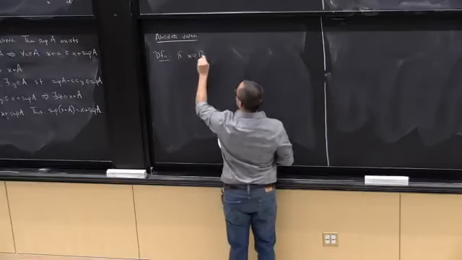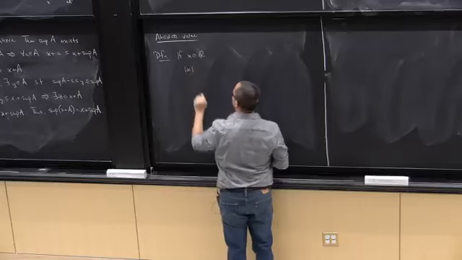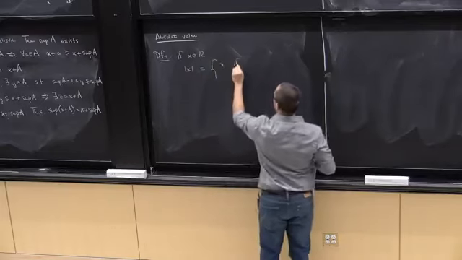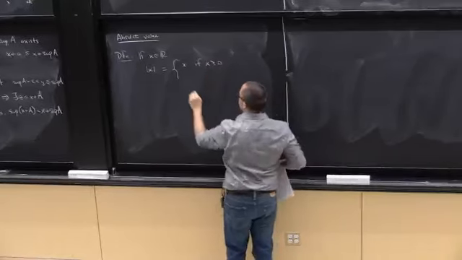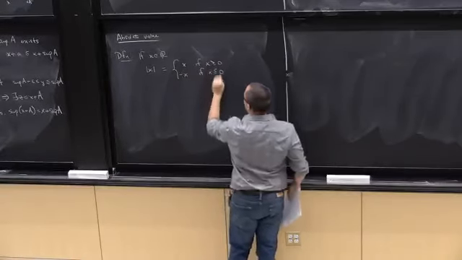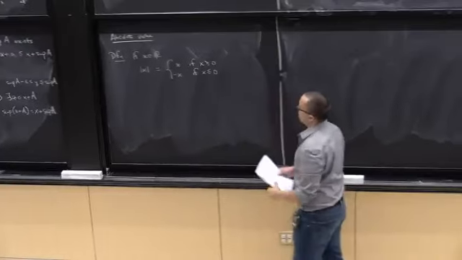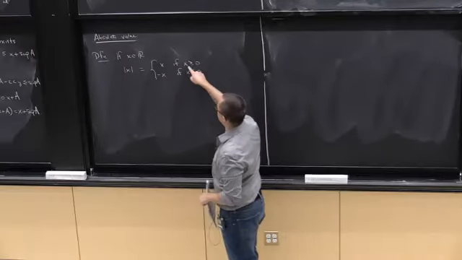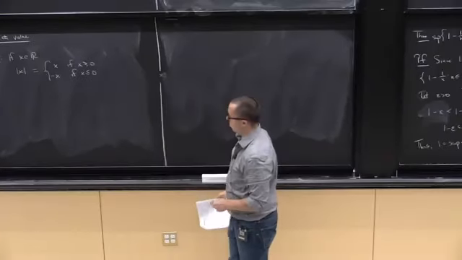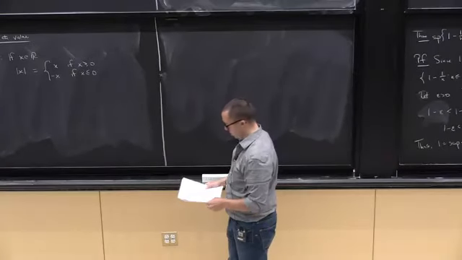If x is in R, we define the absolute value of x to be x if x is bigger than or equal to 0, or minus x if x is less than or equal to 0. Note that these two things agree when x is 0, so I'm not defining the absolute value of x to be two different things when x equals 0.